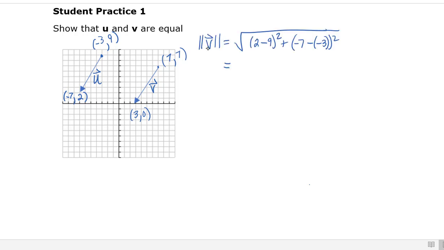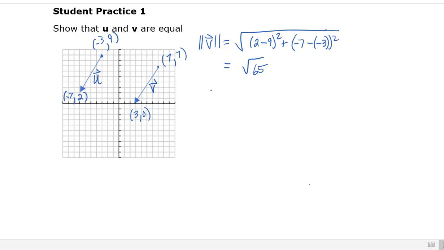So the magnitude of vector u is going to be the square root of 2 minus 9 squared plus negative 7 minus negative 3 squared. When you evaluate this, we're going to get the square root of 65. Again, we'll just leave this exact for now.